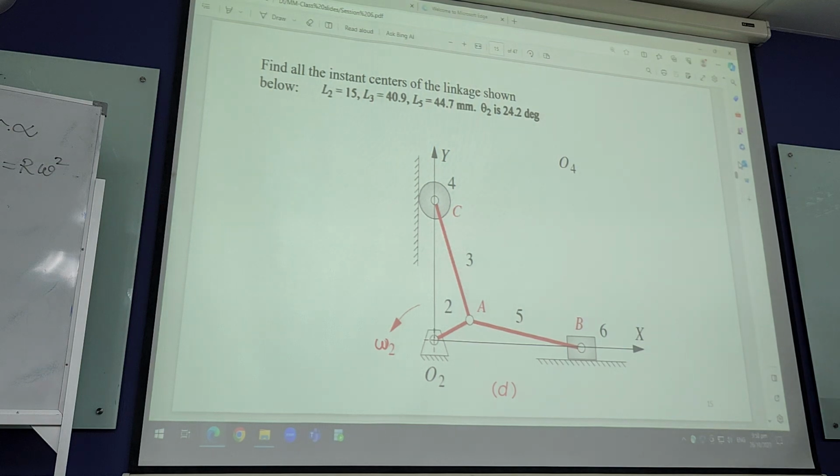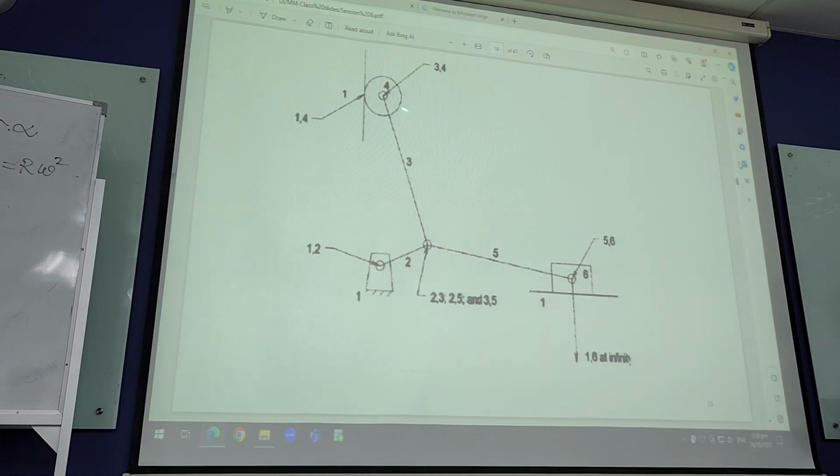And another thing to note down is 1, 6 will be at infinity. So now I'll show you the ICs for this, so you can visualize yourself. Okay, so you can see this is 3, 4. So this is 1, 4. Okay, so you have 1, 2 here. So here you have three ICs.